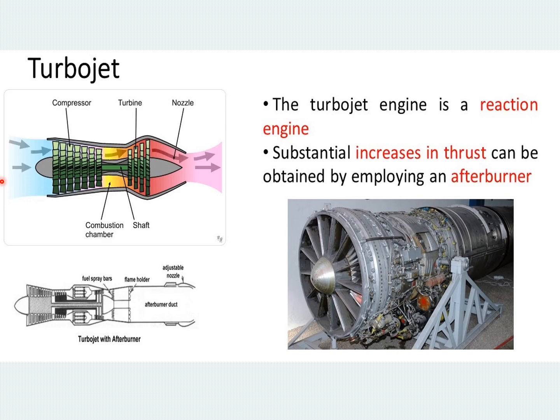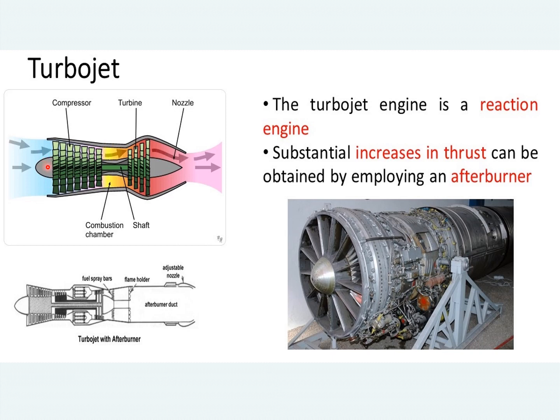That means afterburning turbojet. You see here, in the turbojet, air comes in through the inlet. It is compressed in the compressor, and then the compressed air goes to the combustion chamber where fuel is added, and the fuel air mixture is burned there and expands. In the expanding process, it rotates the turbine.